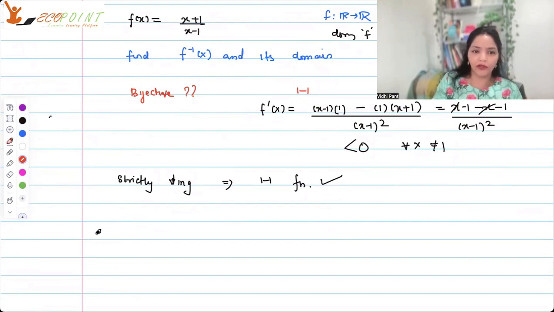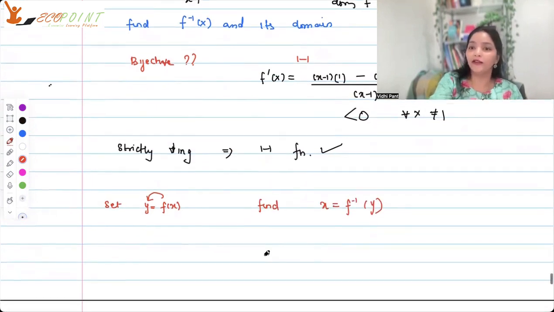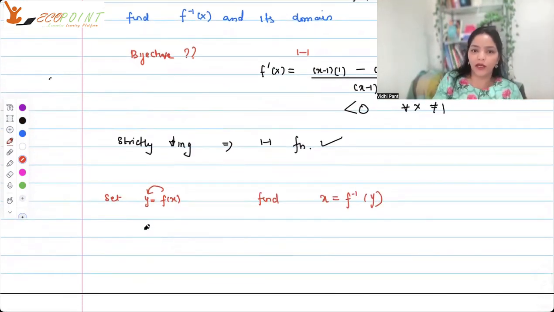So for that, I'm going to set y equal to f(x) and then find x equal to f inverse y, and I'll get the functional form. So y equals f(x), y equals (x plus 1) upon (x minus 1). Cross multiply, this process is exactly like finding range.